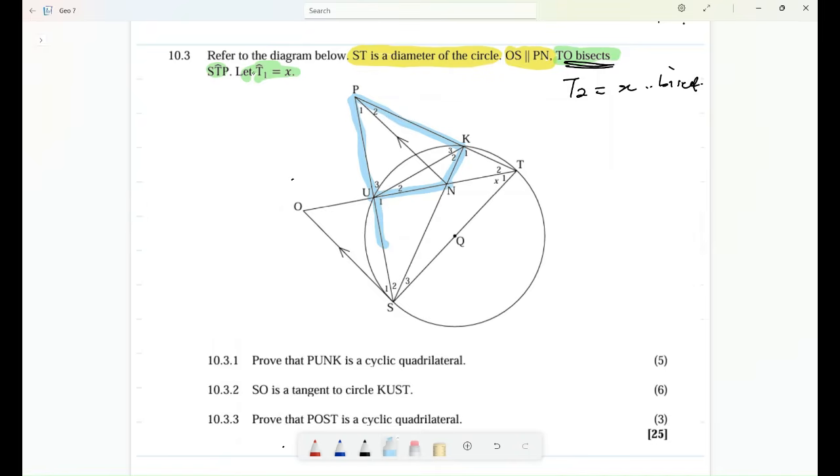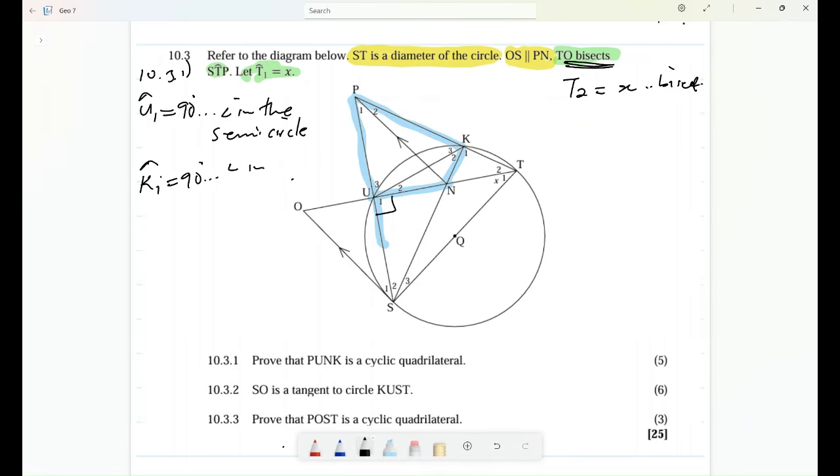Now, I think I see where I'm going. I'll start by saying angle U1 is equal to 90 degrees. Angle in the semicircle, this is 10.3.1. Angle in the semicircle, okay? Then I also have K1. Angle K1 is also 90 degrees.